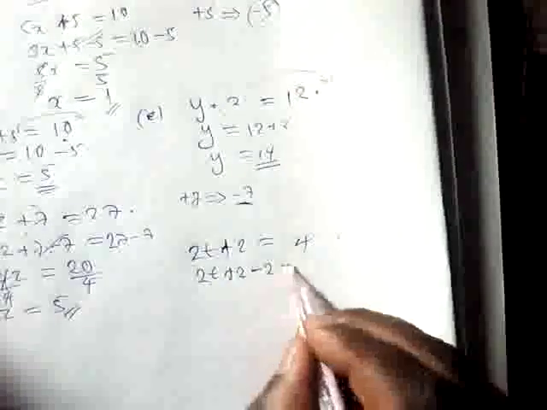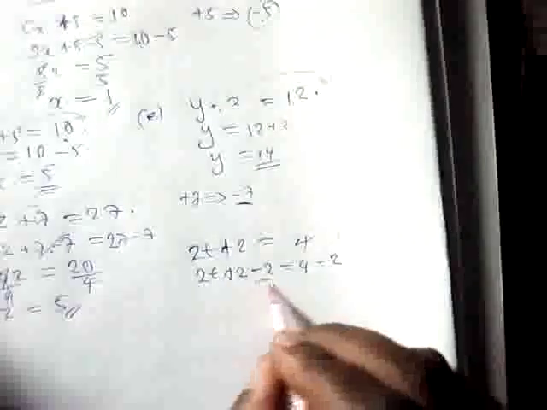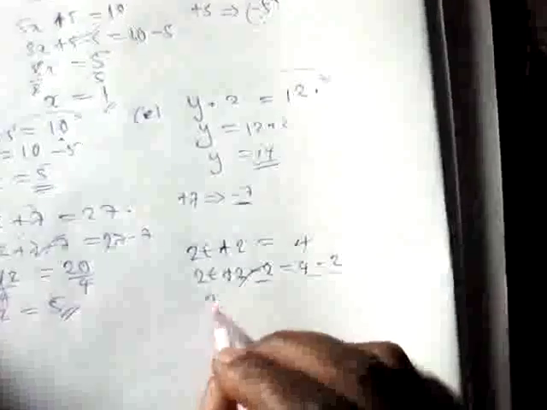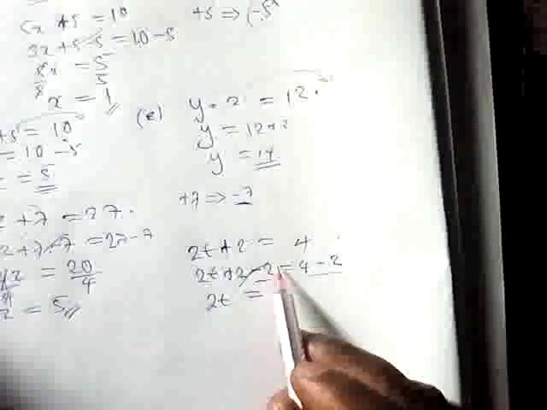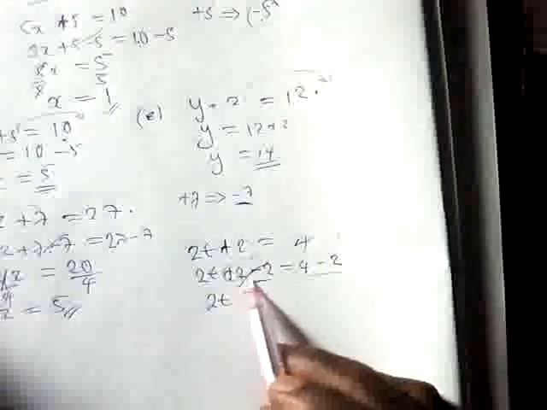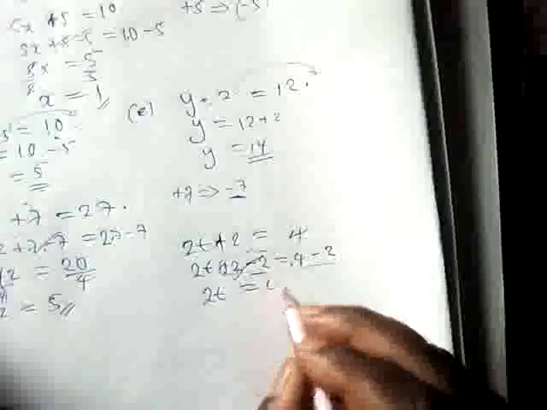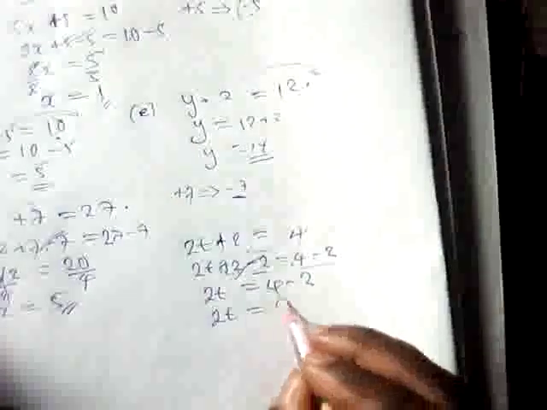So negative 2 is equal to 4 minus negative 2. Okay, whatever we do here, we also do this side. So this is already 0. So 2t, we don't write 0. 2t equals, so everything here goes. So 2t equals, what remains is 4 minus 2. So we say 2t is equal to 2.